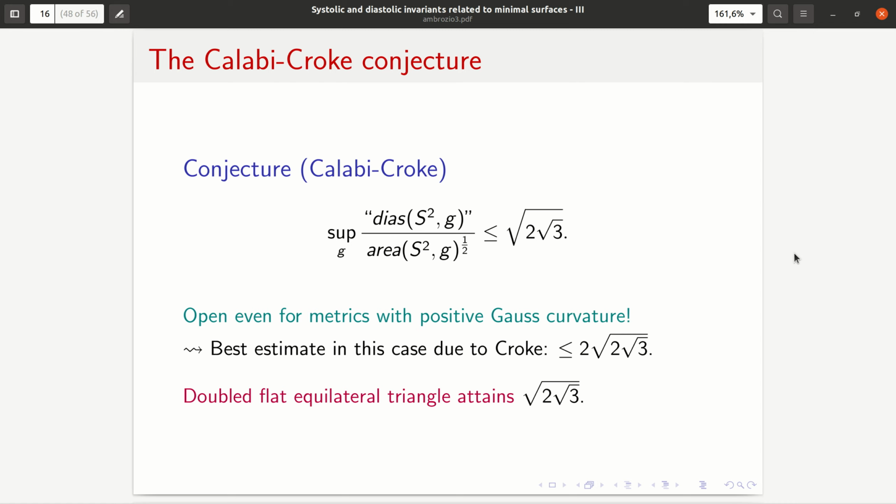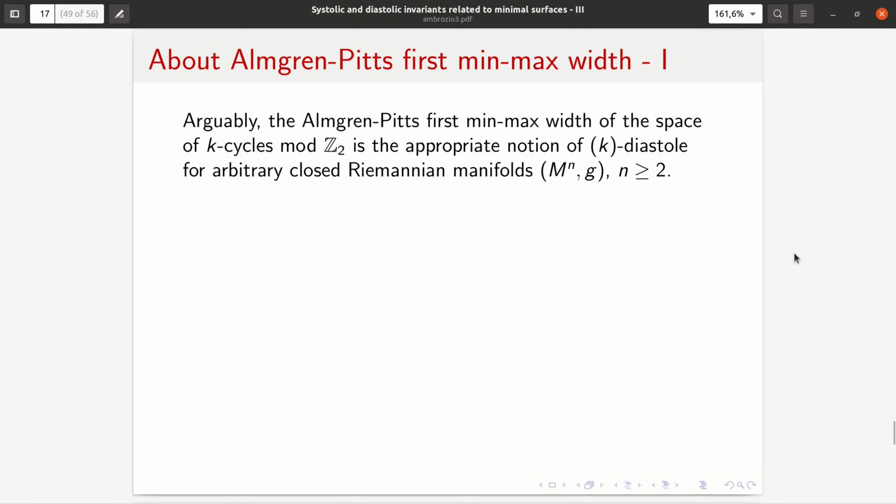Okay, so this I think is the last thing that I wanted to say about the diastole of two-dimensional spheres. And just to finish, I want to make a comment for those that are more used to the several min-max theories for the area functional.